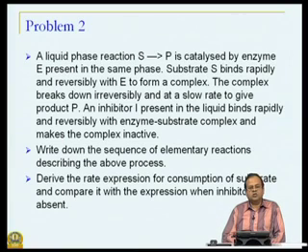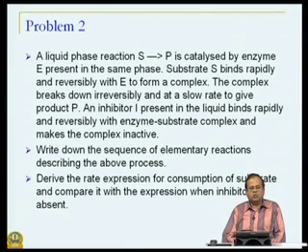So, what it means is that what is written in English has to be translated in the form of a network of reactions, which represent the mechanism of this reaction S going to P. So, let us see how we can do this. The second part is deriving the rate expression, for which we will use the same methodology that we have used in our first example. So, what is this liquid phase reaction S going to P in the presence of the catalyst or enzyme E?